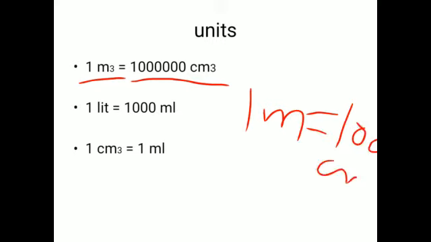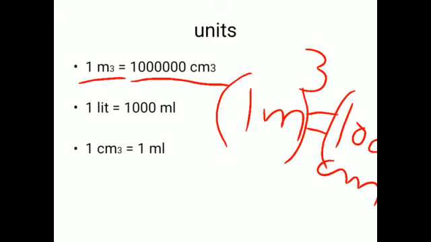You remember that? So when we cube it, this much zeros come. 3 twos are 6, so 6 zeros are coming.